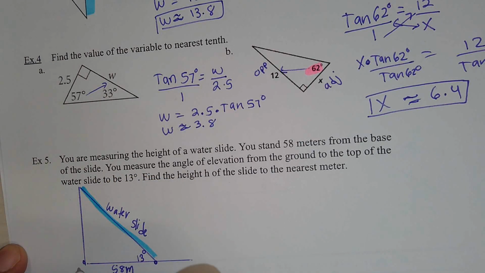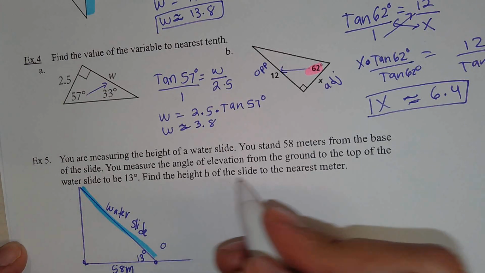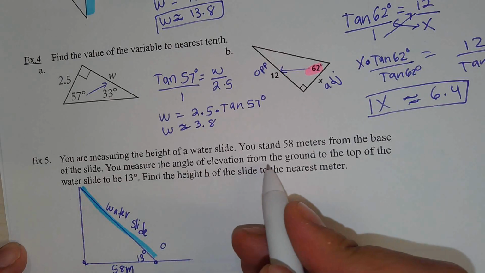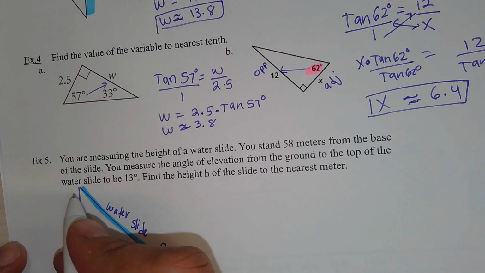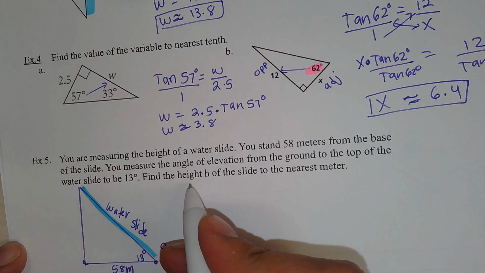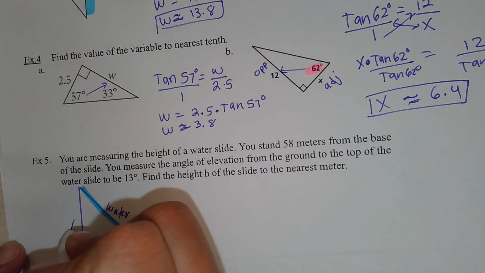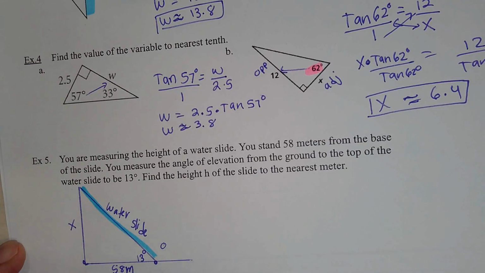So this is the base, and this is where I'm standing right here. The angle of elevation measured from the ground is 13 degrees to the top of the water slide. Find the height, and we know this is 58.